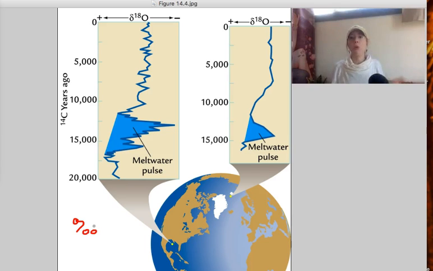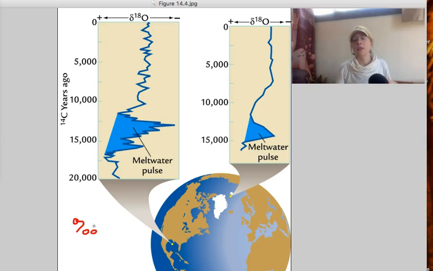Water evaporates from the surface of the ocean, right? And what evaporates is the lighter oxygen, O16, and that goes up into the atmosphere. So the atmosphere is depleted in O18 compared to ocean water, right?